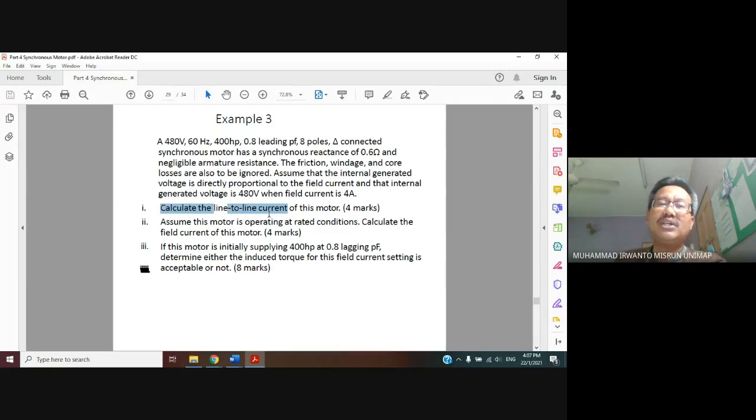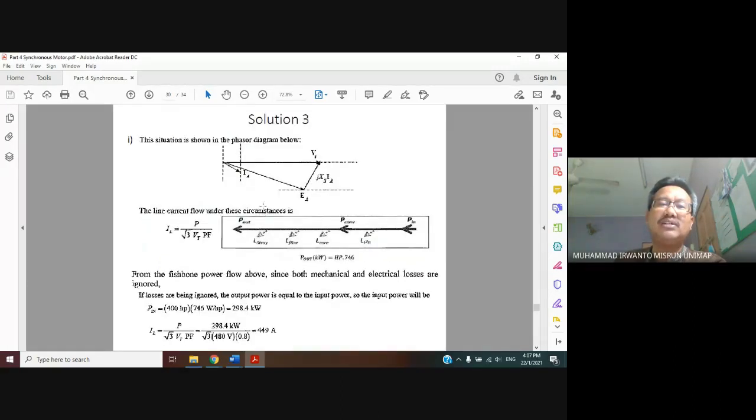Okay, so we can find this one. Look at this one. The phasor diagram is actually not very relevant, but it is here. Look at input power and output power.